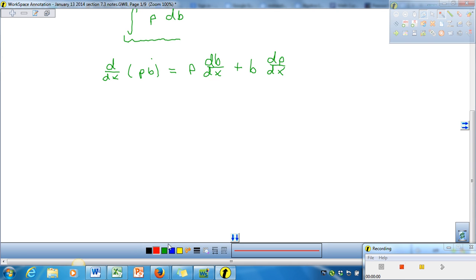So I'm going to integrate each part. Sorry, my pen's delaying a little bit here. There we go. And we're going to integrate them with respect to x. So each of these will get a little dx after that.